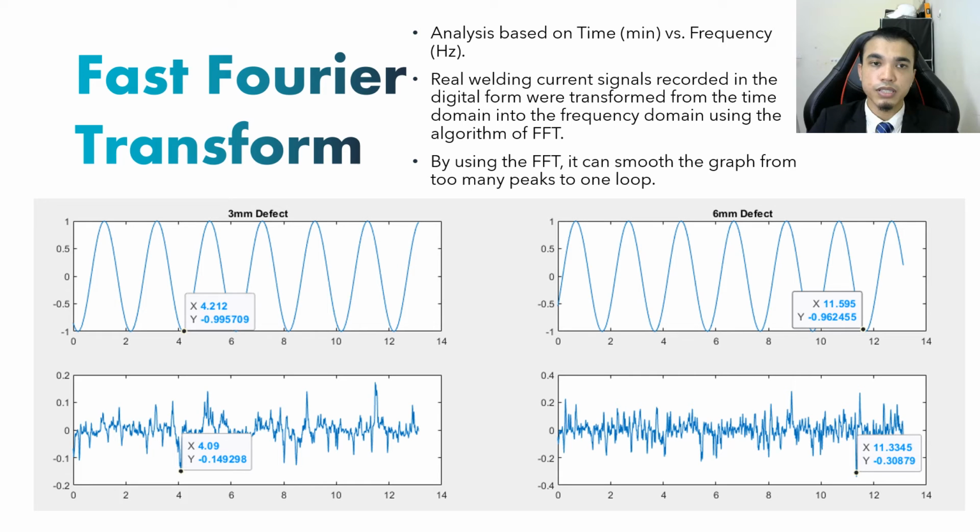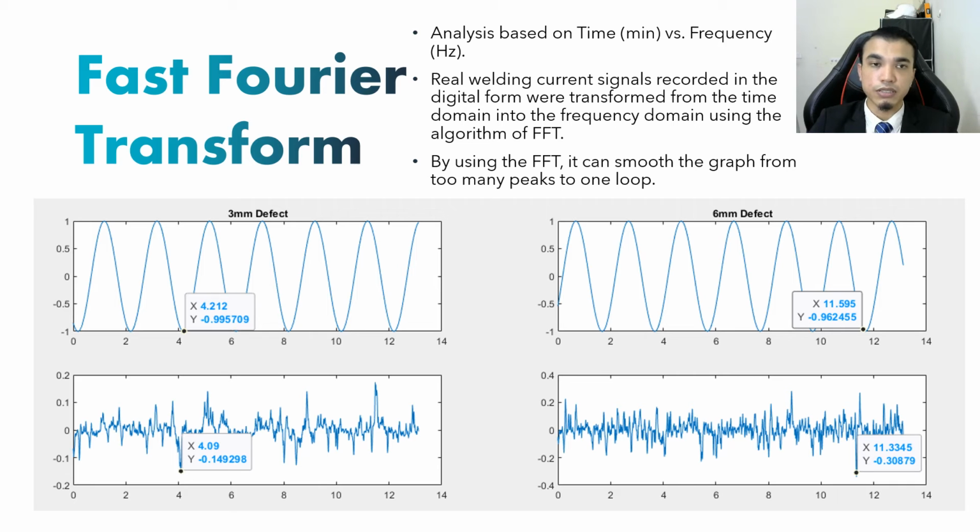FFT transforms signals from the time domain to the frequency domain, and this graph is based on time per minute versus frequency in hertz. The real welding current signal recorded in digital form was transformed from the time domain into the frequency domain using the FFT algorithm. By using FFT, it can smooth the graph from too many peaks to one loop.